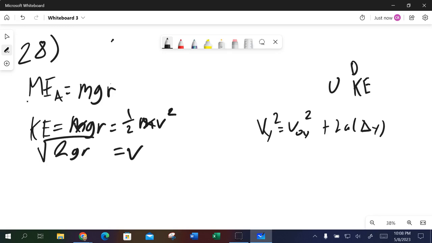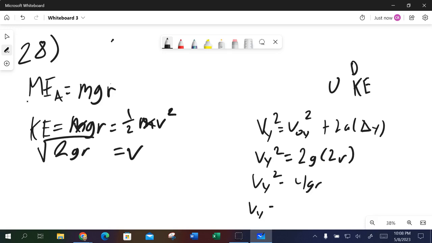There's no starting velocity, so Vy squared is equal to 2g times 2r. This is just finding the same thing, which gives Vy squared equal to 4gr, so Vy is equal to 2 root gr. It's the same thing. We can cross this out though, because it's not really useful.